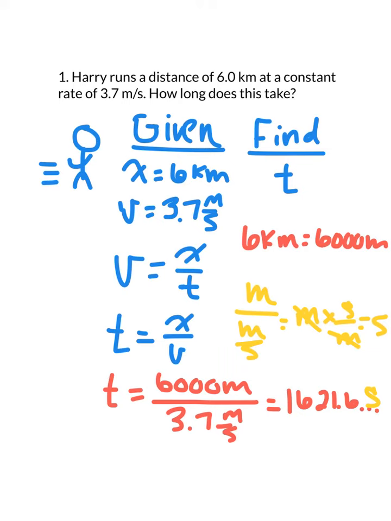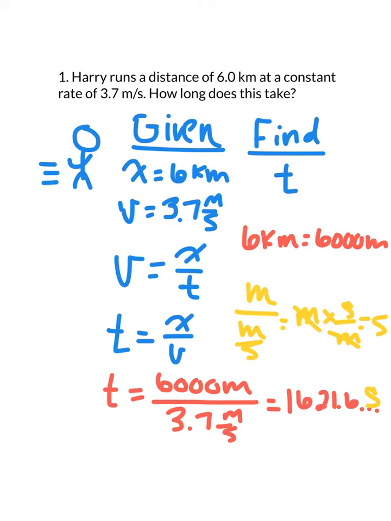The number, it's going to take him 1621 seconds, about a half hour. I think I'm doing really bad math right now. Maybe a little bit less or more to run 6 kilometers. That's okay. That makes a lot of sense. 5Ks can be run in about a half hour or less by fast people.